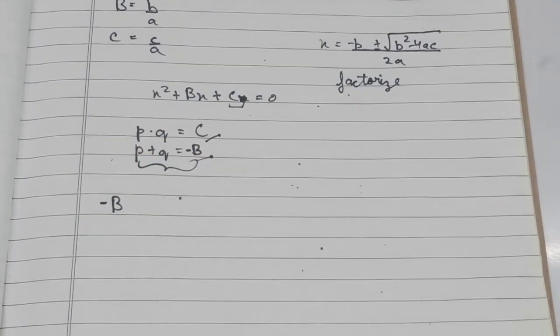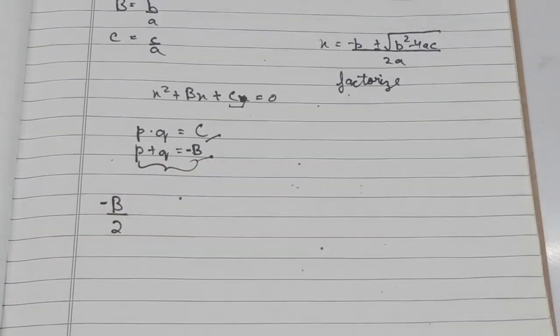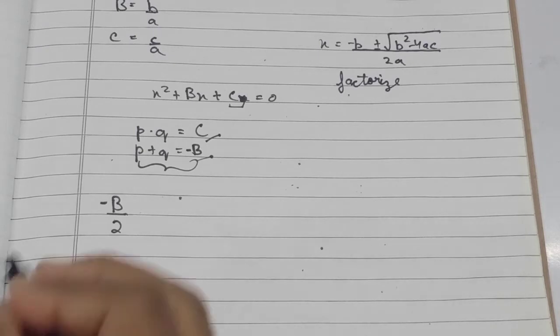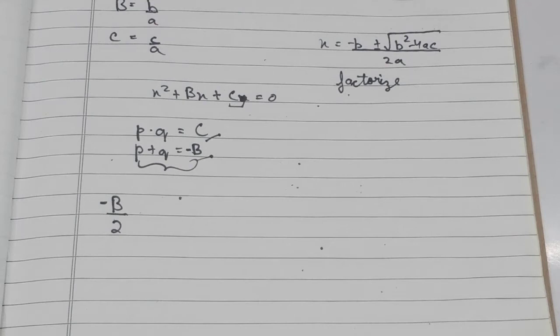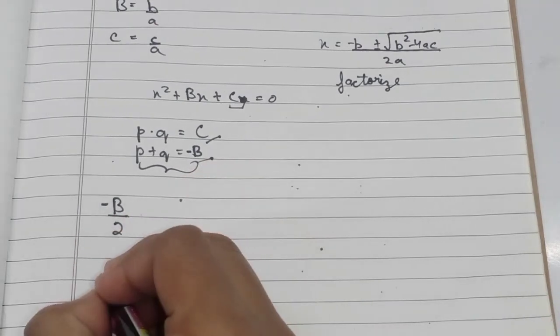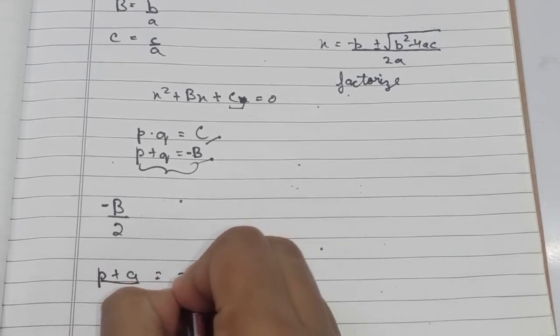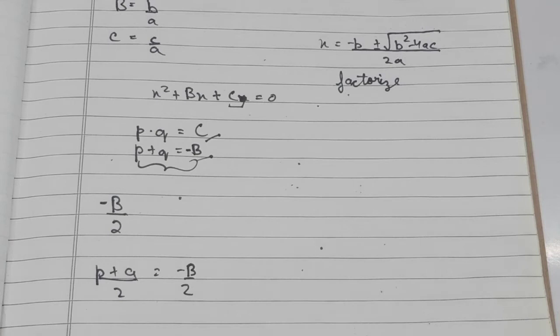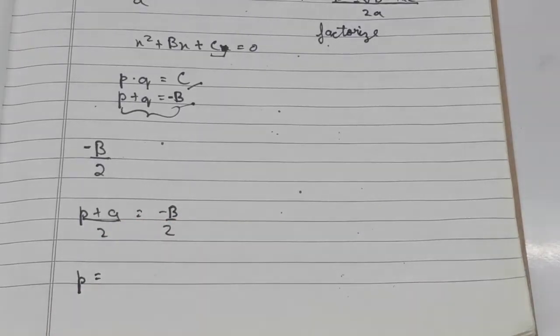Now if we take the average, not just divided by 2, such that this number is the average of p and q, that means p plus q upon 2 is equal to minus b upon 2, right? Then p must be a number that is at the same distance from minus b upon 2 as q is, but in the opposite direction.